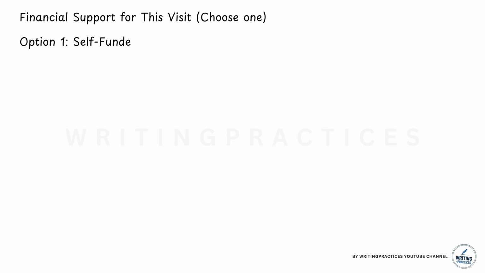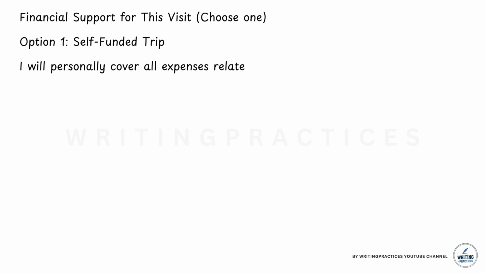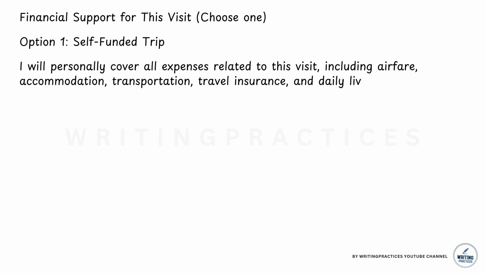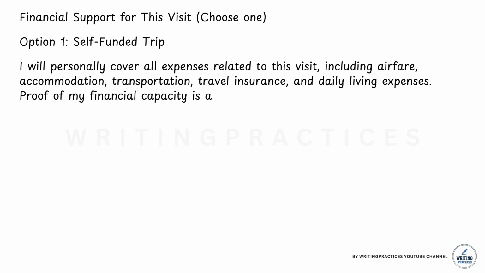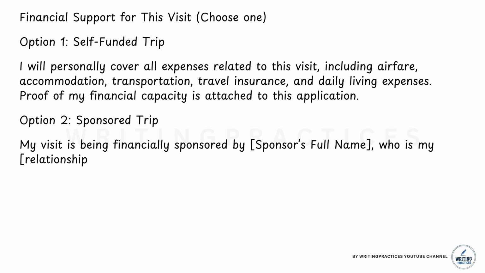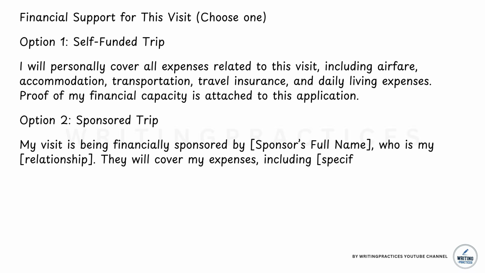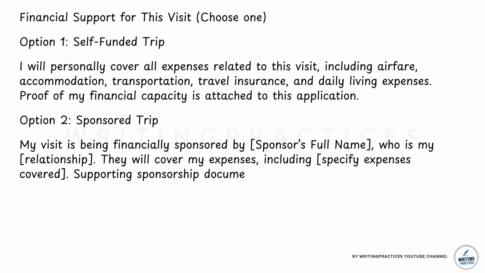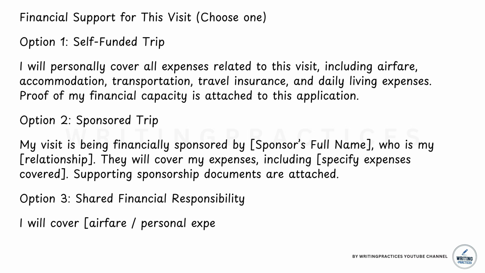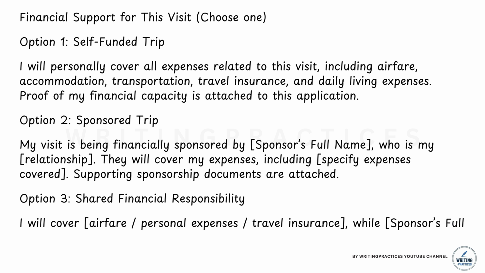Paragraph 6. Financial support. This section explains who will pay for the trip. Choose only one option. If self-funded, write, I will personally cover all expenses related to this visit, including airfare, accommodation, transportation, travel insurance, and daily living expenses. This shows financial independence. Attach proof of funds. If sponsored, write, My visit is being financially sponsored by Michael Anderson, who is my cousin.